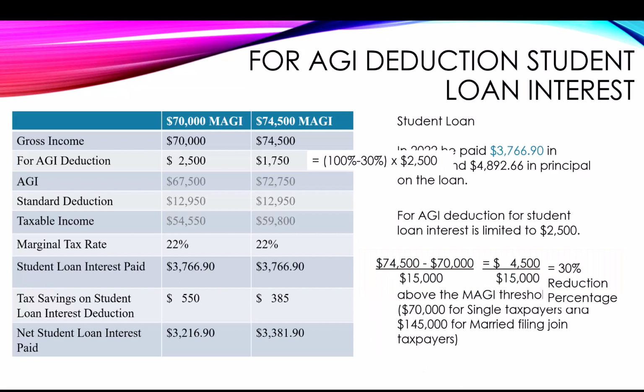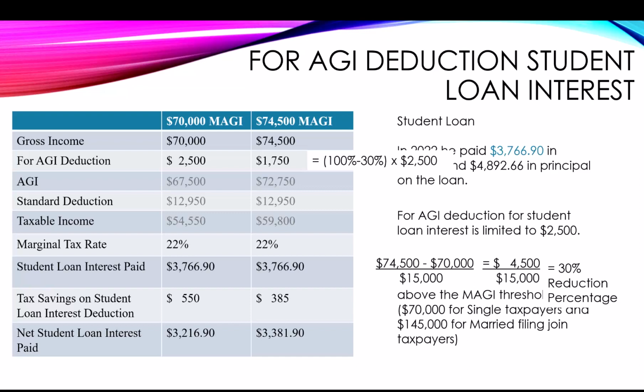Next, we want to multiply the $2,500 student loan interest deduction by the amount that we're allowed to take, which would be the difference between 100% and the reduction percentage of 30%, or 70% times 2,500. And we find that Amani is eligible for a $1,750 for AGI deduction.